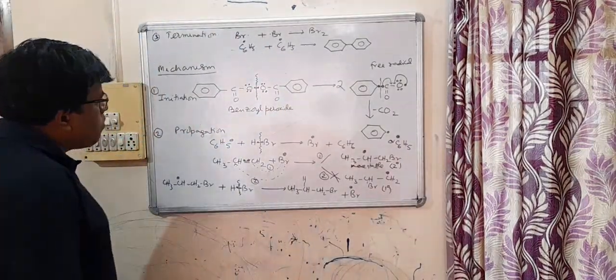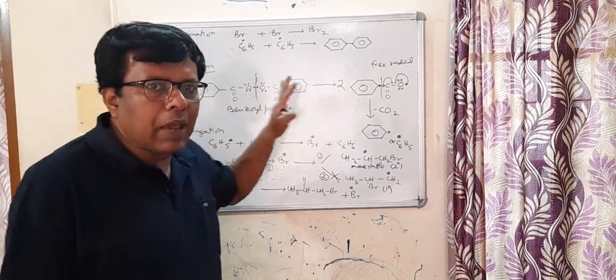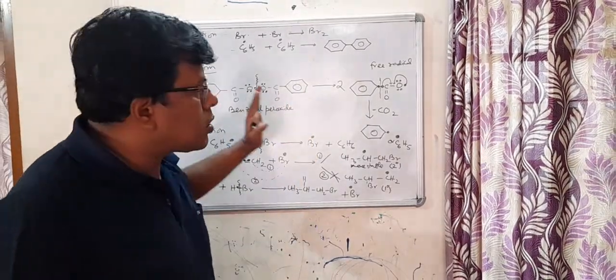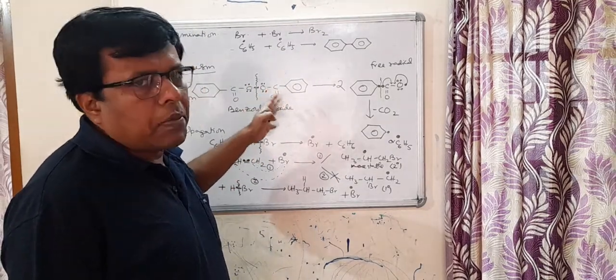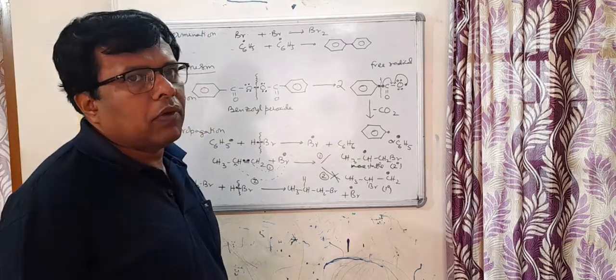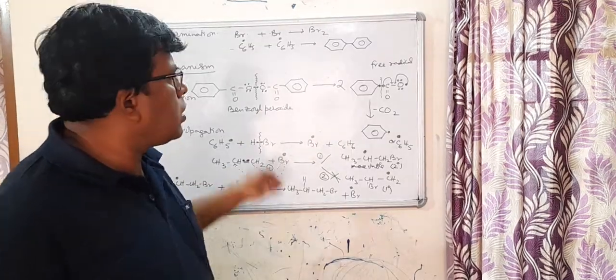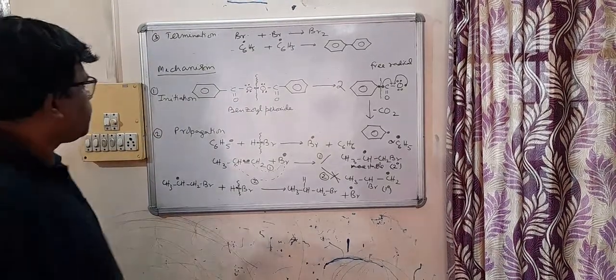Now, a very important thing here is that this addition that we have talked about happens only with HBr. It doesn't happen with other halogen acids. It doesn't happen with HCl. It doesn't happen with HI. So why does it happen with only HBr? That we need to understand.